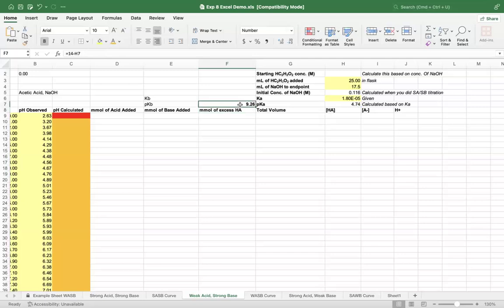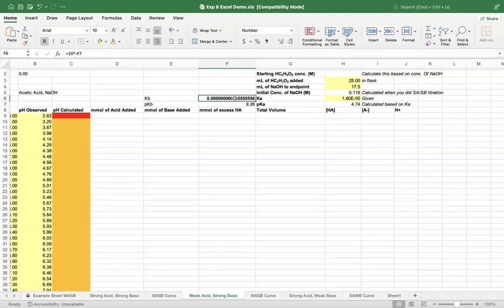And then we are also going to need the Kb. Well, I suppose we just need the Kb, not the pKb, but that's why I have the pKb here, because I think it's a lot easier to get the Kb from the pKb. It's just 10 raised to the negative pKb, right? 10 raised to the negative pKb is your Kb.